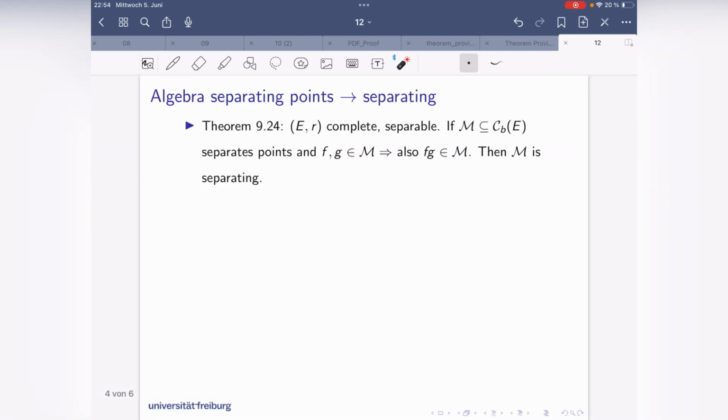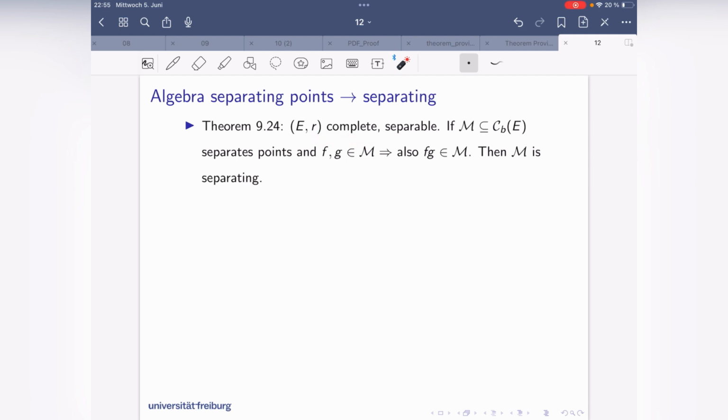Okay, let's try to show this. There are some complications. I mean, everything would be really easy if E would be a compact space, because then we could right away apply the Stone-Weierstrass theorem. But here we have something much more general.